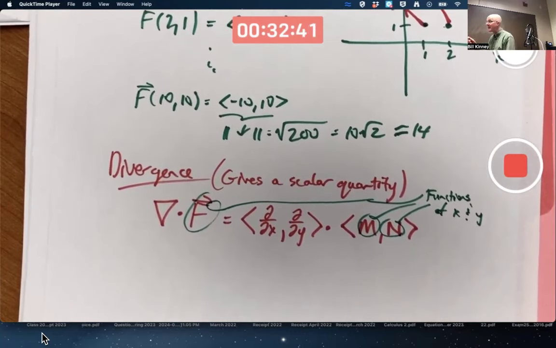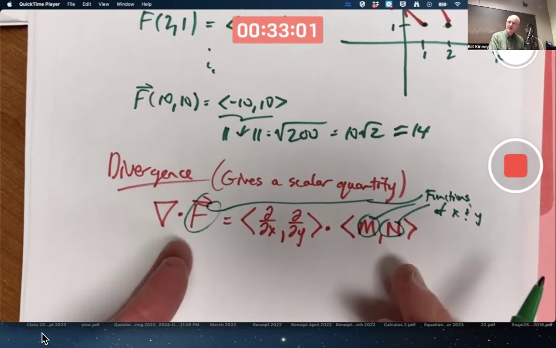M and N being scalar valued, the kinds of functions we've been talking about recently with partial derivatives and directional derivatives and optimization and gradients and integration, double and triple integrals, have all been scalar valued functions. When you put them together in a vector, you get a vector field, a vector valued function.